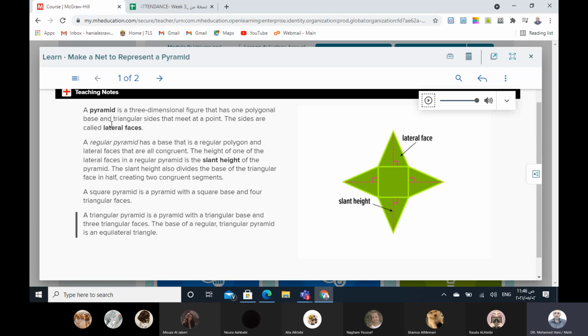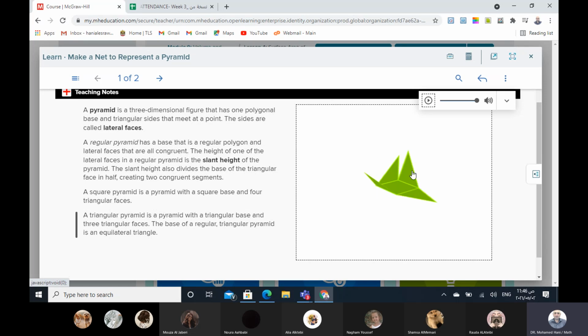So a pyramid is a three-dimensional figure that has one polygonal base and triangular sides that meet at a point. The sides are called lateral faces. This is the pyramid. As the pyramid has a base, then we have four faces.